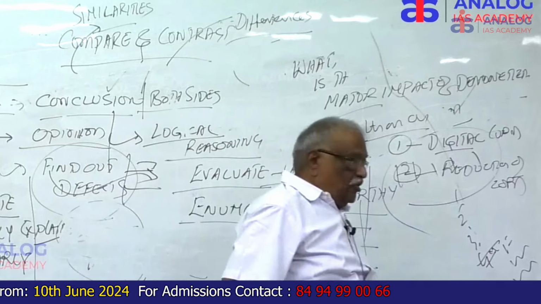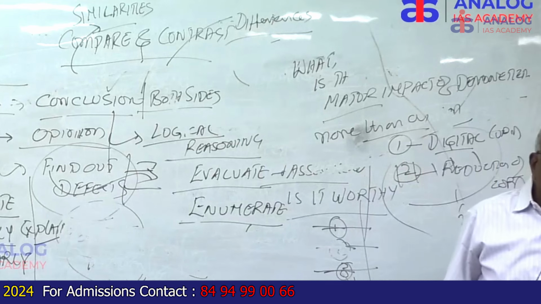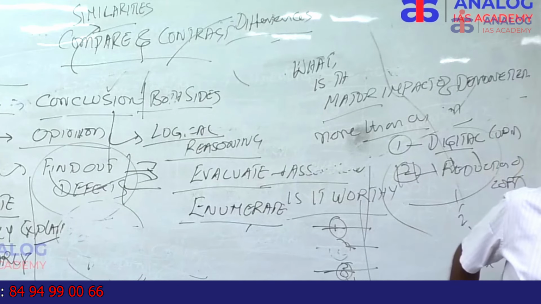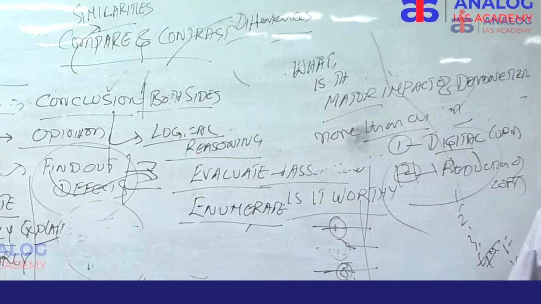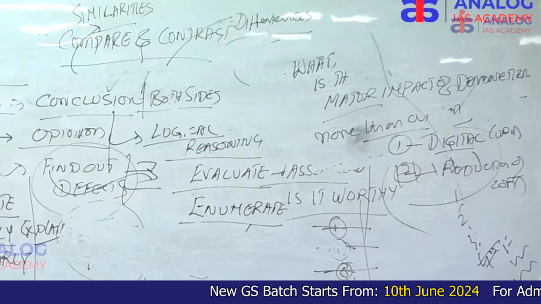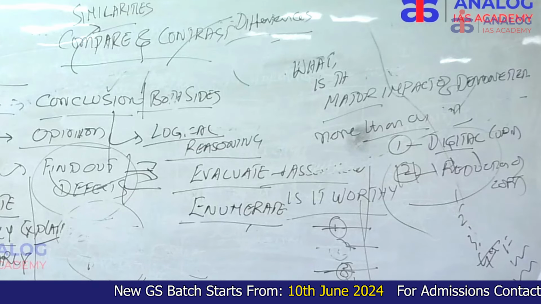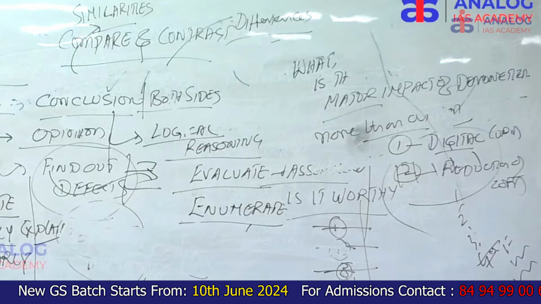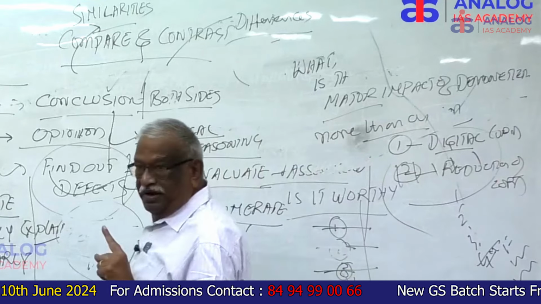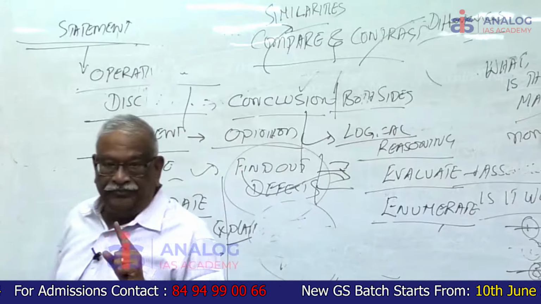So whenever you have a question which says compare and contrast the Indian and American democratic systems, you'll have to find out what are the similarities between American and Indian democratic systems and what are the differences between American and Indian democratic systems. Compare and contrast. Similarities and dissimilarities. Similarities and differences in a particular phenomenon. Okay?